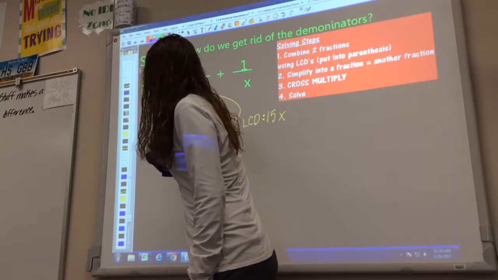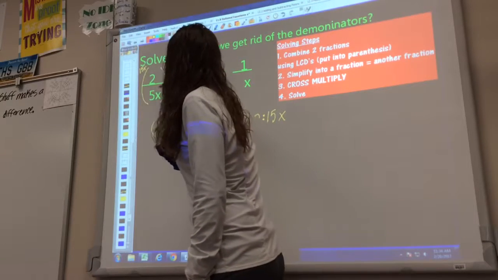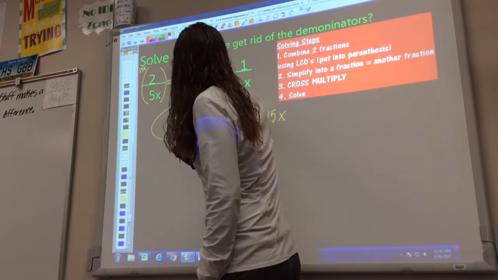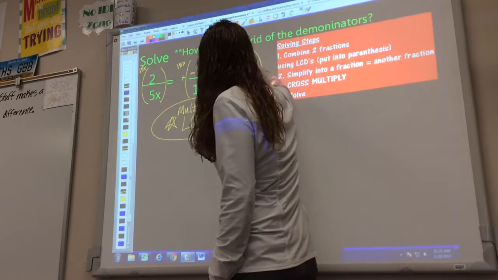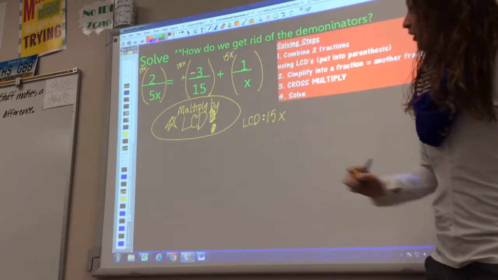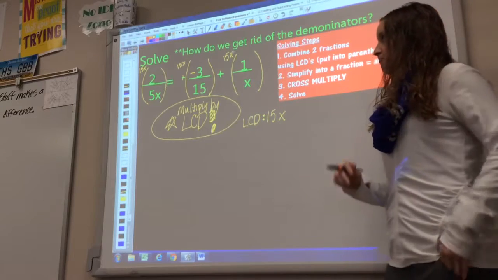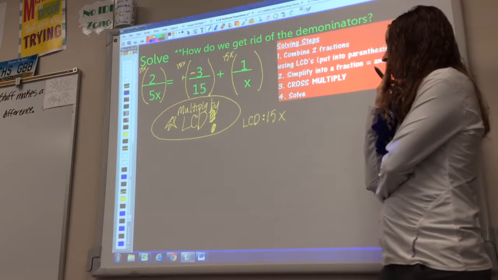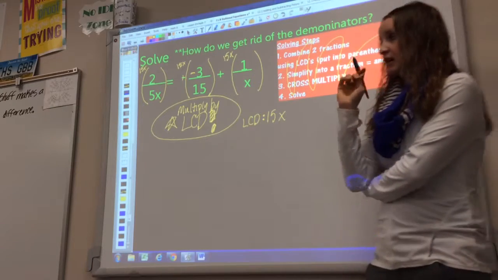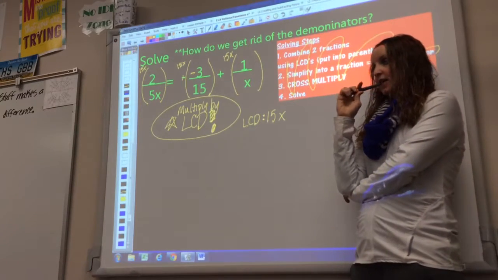You're going to multiply this by 15x, and I'm going to show you why. Multiply this by 15x and put a 15x right on the top and write a 15x right here. We are going to multiply every single part by 15x. I'm kind of skipping these steps, so I hope no one writes that down because I'm trying to give you a shortcut. Sorry.